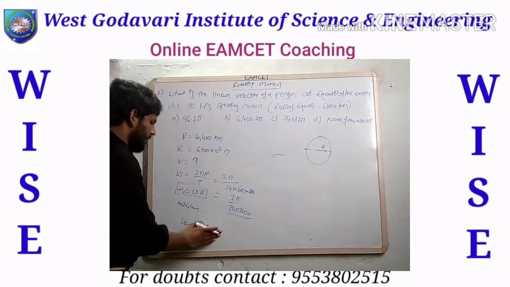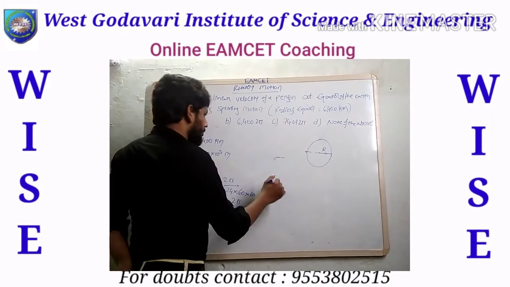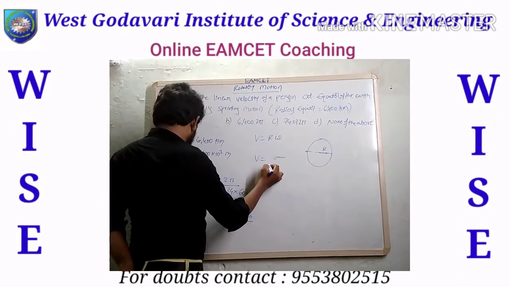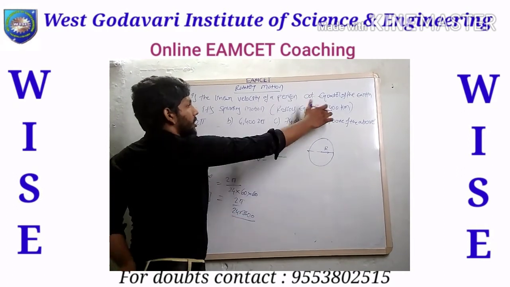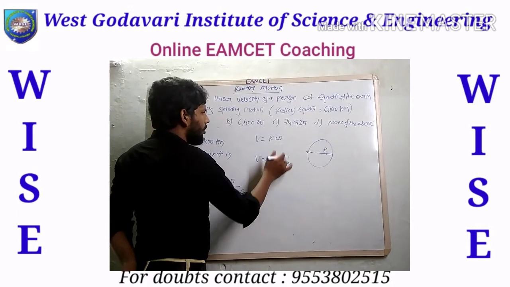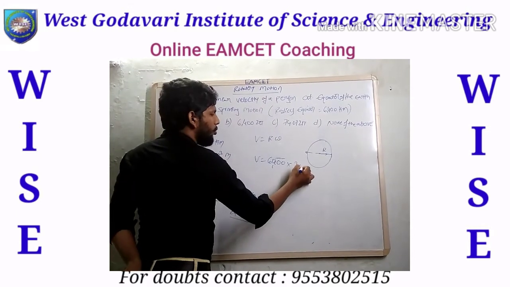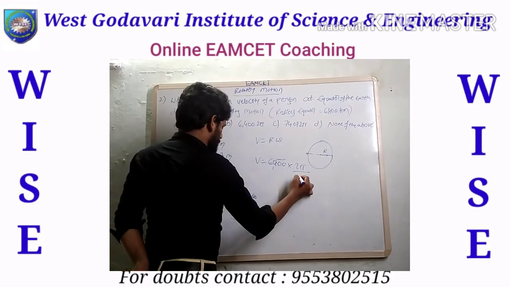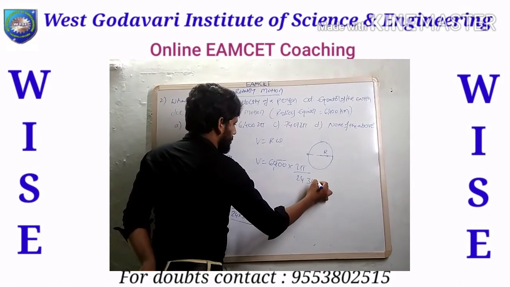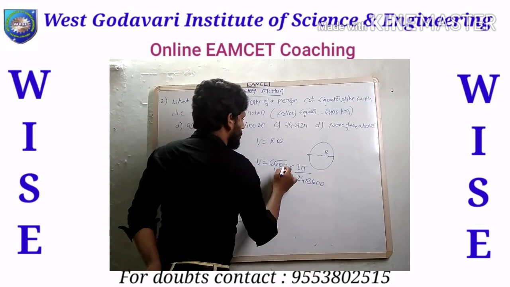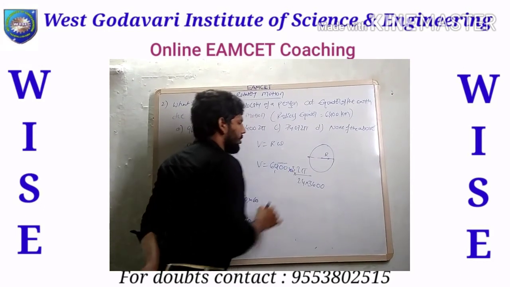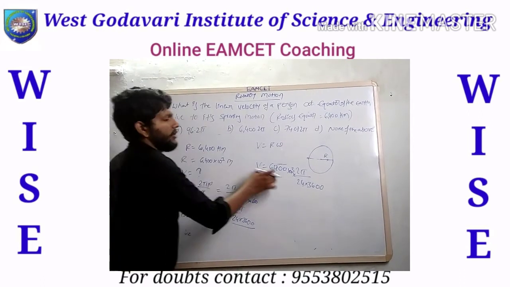We need to substitute the value here. See, v equal to r omega, and what is the value of r here? 6400 into the omega value 2 pi by 24 into 3600, right? Here we need to include 10 cube also, because r is in kilometers, right?